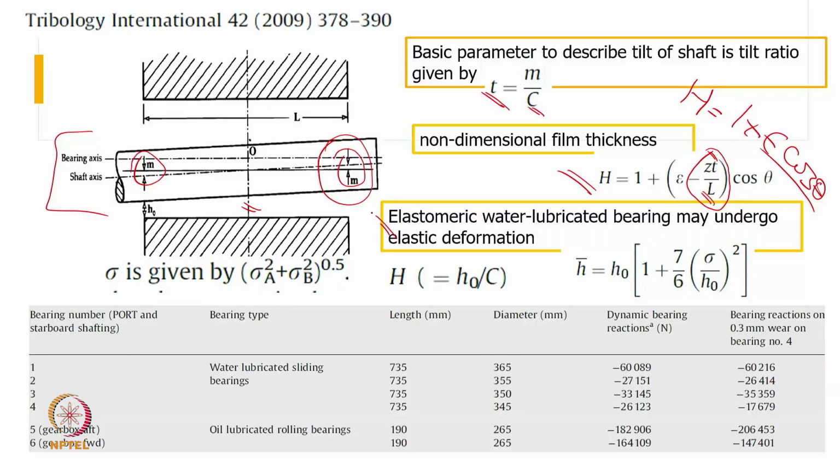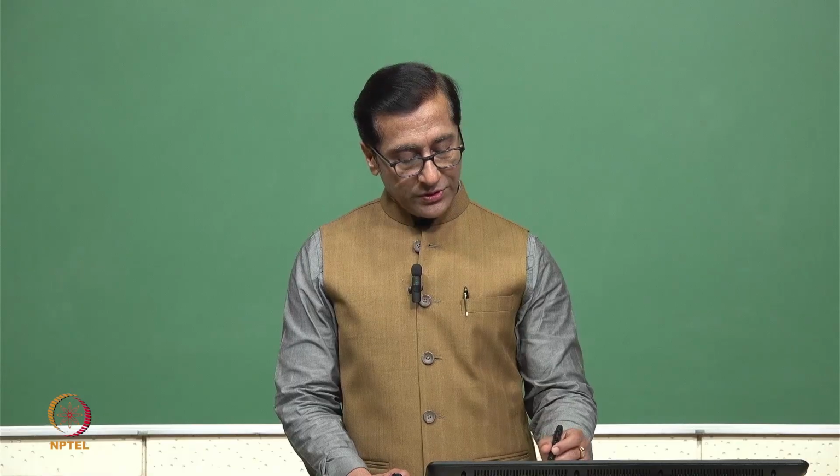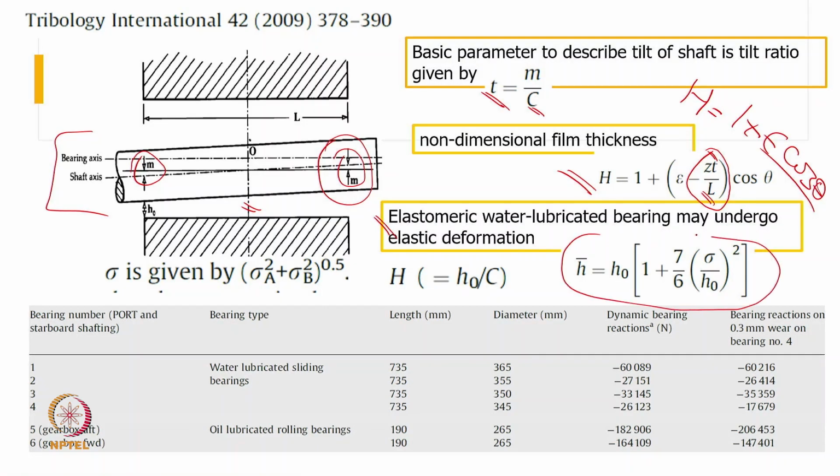Another thing comes when there is elastic deformation: there will be an increase in the overall film thickness. So again, there is a heuristic model. The film thickness can be improved in this form. This is because of the H bar for the EHL case, and this is because of the hydrodynamic case. Overall, you can see here this is sigma, which is a composite surface roughness, and this is the film thickness because of hydrodynamic.